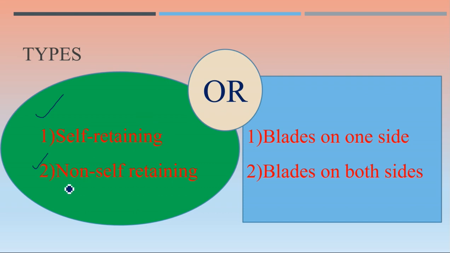Non-self-retaining means we will have to continuously apply the force according to our need. Two varieties. Then another classification could be retractors with blades on one side and retractors with blades on both the sides, right?